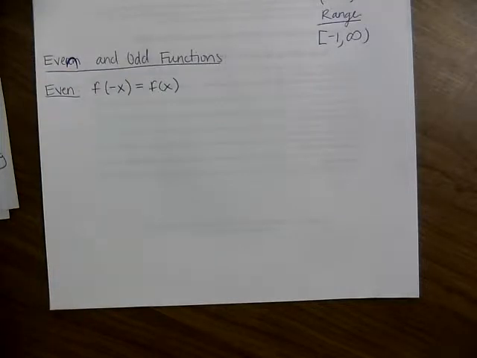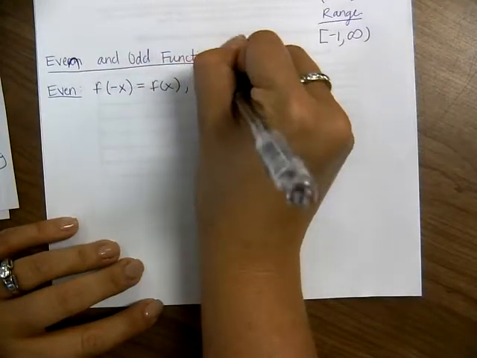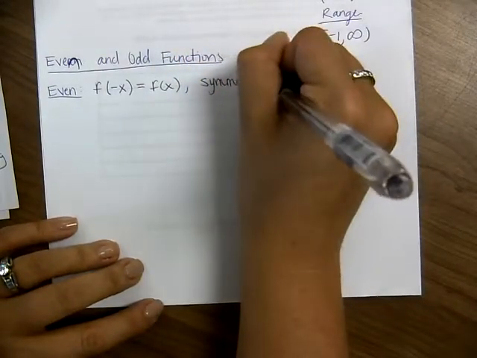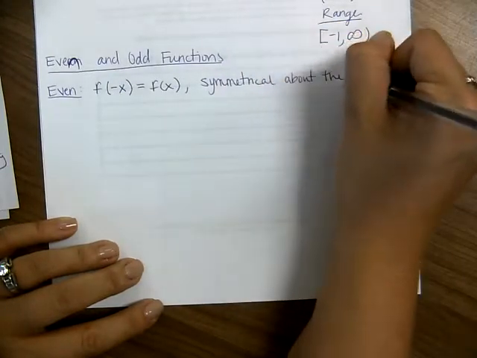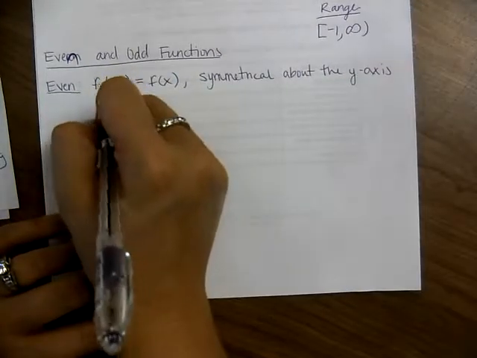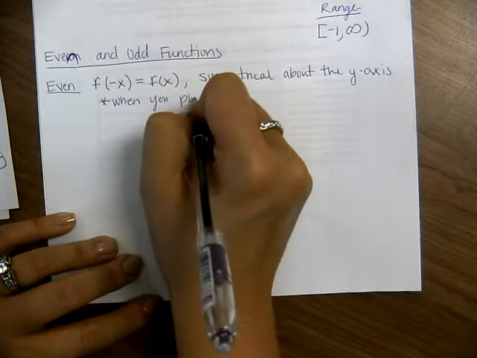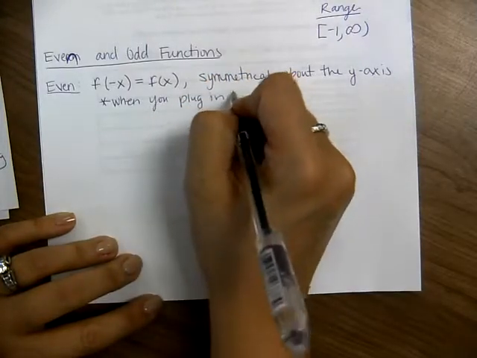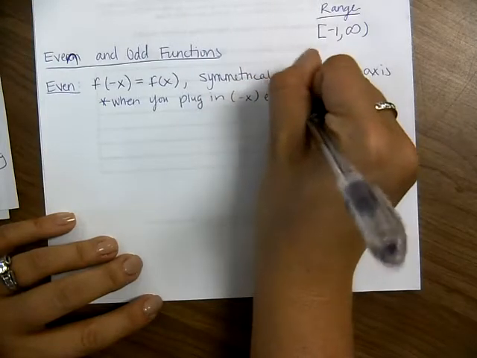So whether you plug in x or negative x, you'd end up with the same result. Even functions are symmetrical about the y-axis. Basically, when you plug in negative x, everything stays the same.